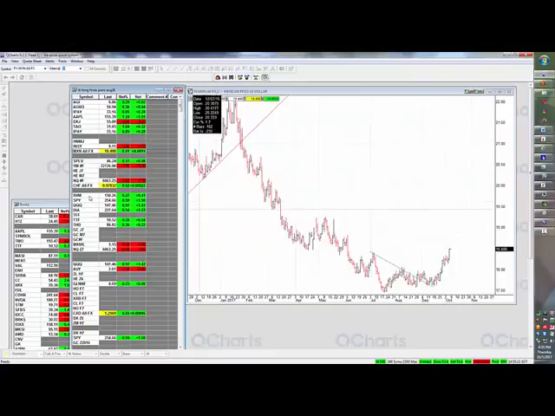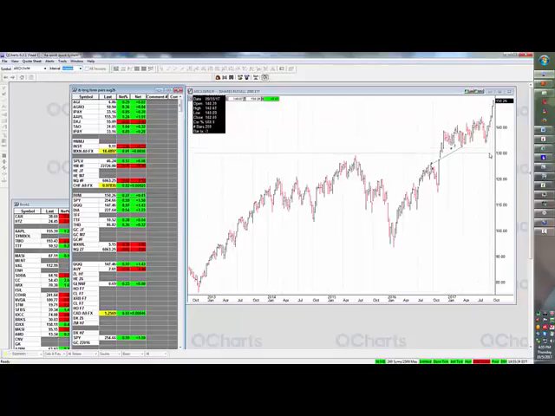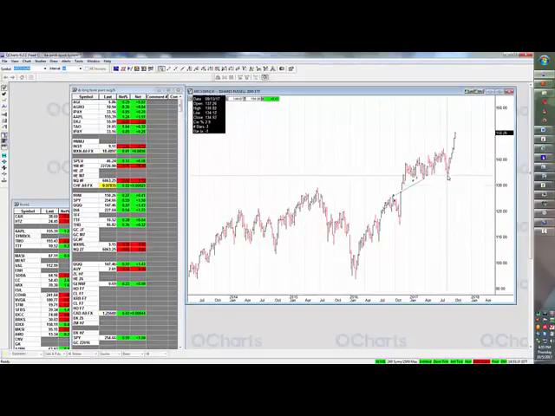Indices work both ways, but here's a nice one. That's your 5, 4, 3, 2, 1. Okay.